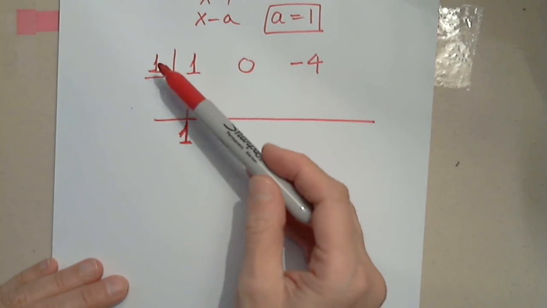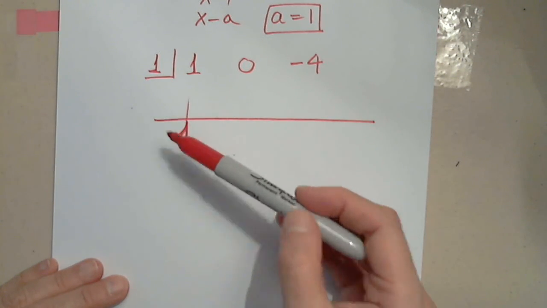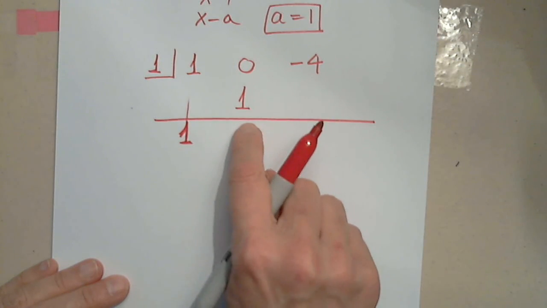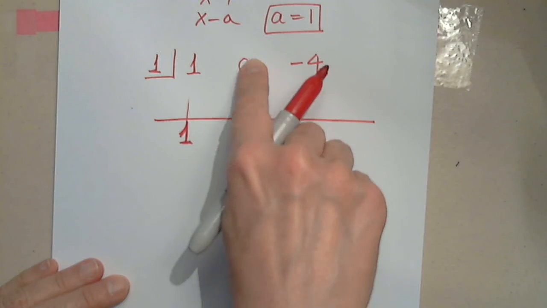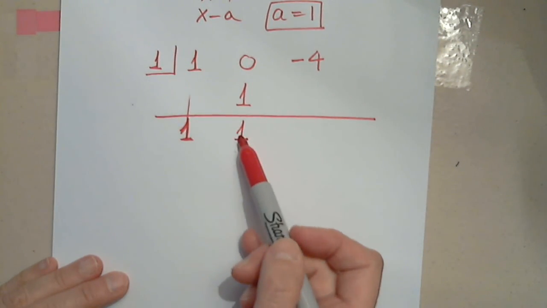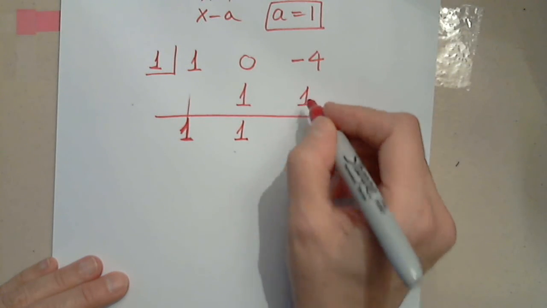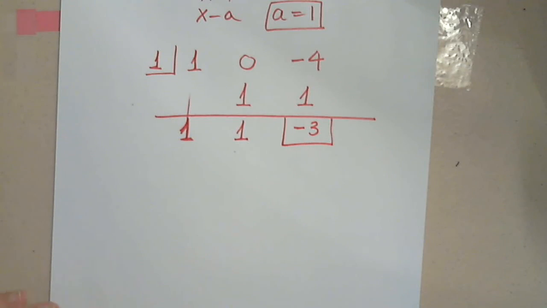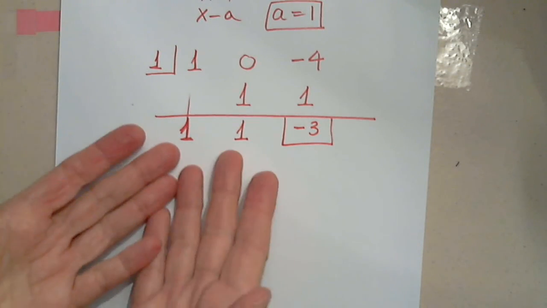Then we proceed multiplying 1 by 1 and writing the answer above the line. 0 plus 1 is 1. I continue with 1 times 1 and I get 1. I write it above the line and I box in the remainder. And now you could say, what is this?